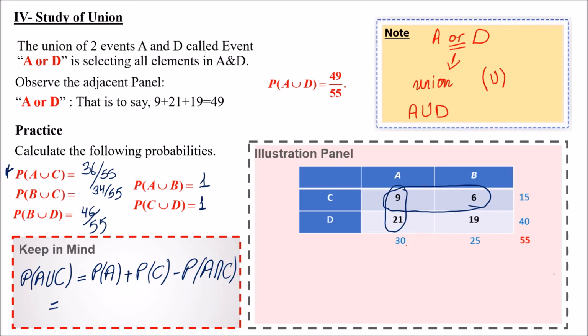Let's solve this. Probability of A is 30 out of 55. So we will write here 30 over 55 plus probability of C, which is 15 over 55 minus the probability of the intersection between A and C, which is 9 over 55. If you calculate this, you will get 30 plus 15 is equal to 45 minus 9, we will get 36, which is the same answer we get above.